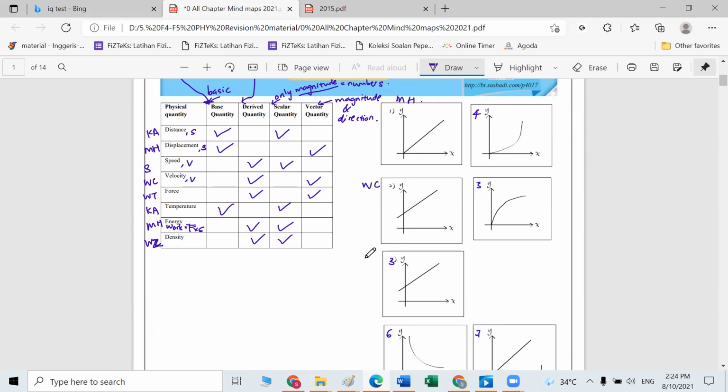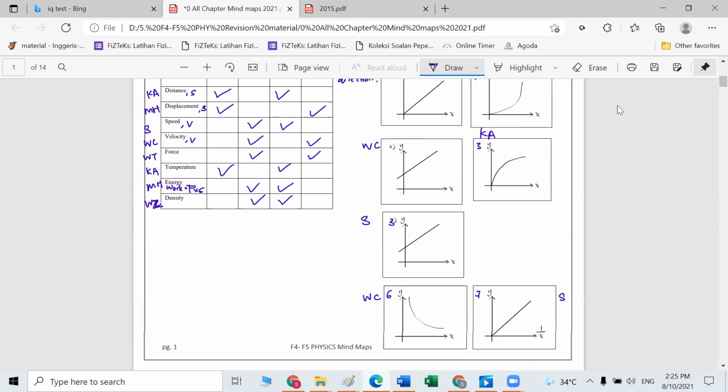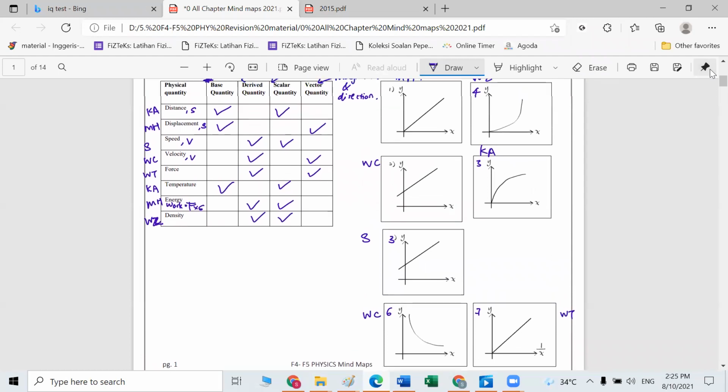One chain, Smita, Wenjen, Kai An, one chain again, Smita again. Wei Tong. Yeah, Wenjen, very good.